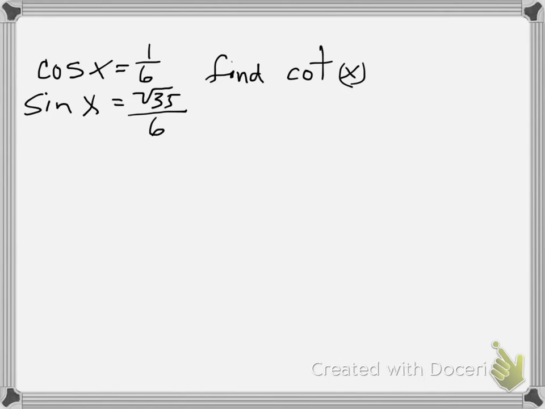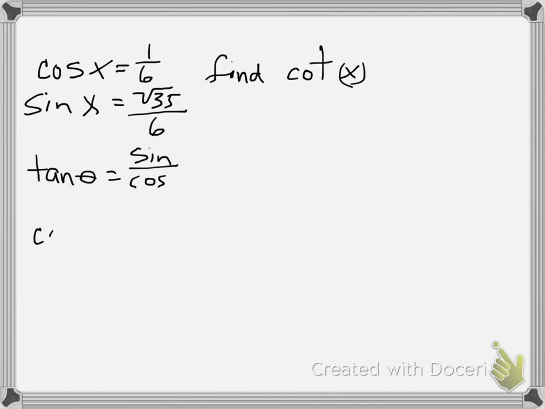Alright. Well, we can think about what the cotangent is equal to. What I would think of first is what tangent is equal to. So if we went that route, we know that tangent of an angle is equal to the sine over cosine. And we know the cotangent is the inverse function of that.